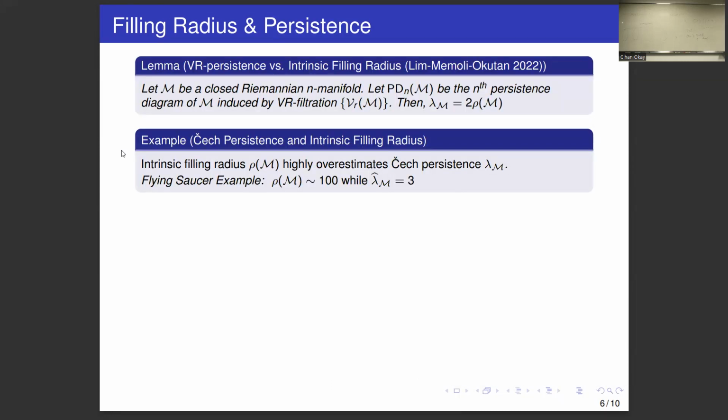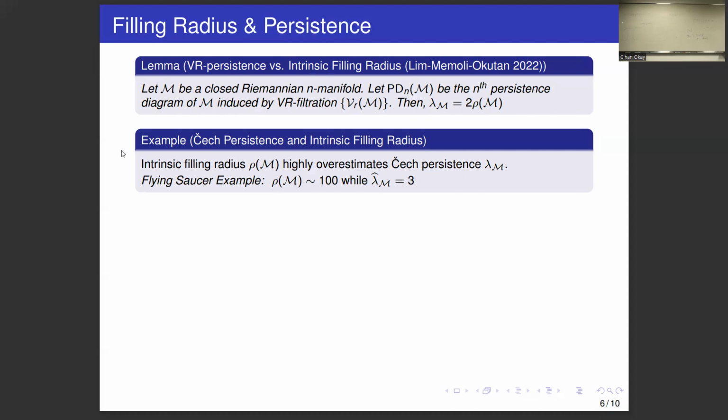Okay, so again, in the same paper, Lim, Mémoli, Okutan, they showed that if you give me any Riemannian manifold, not ambient space, a closed Riemannian manifold with a metric, then if you look at the Vietoris-Rips filtration, and again, if you give me the metric information, I don't need an ambient space for Vietoris-Rips.